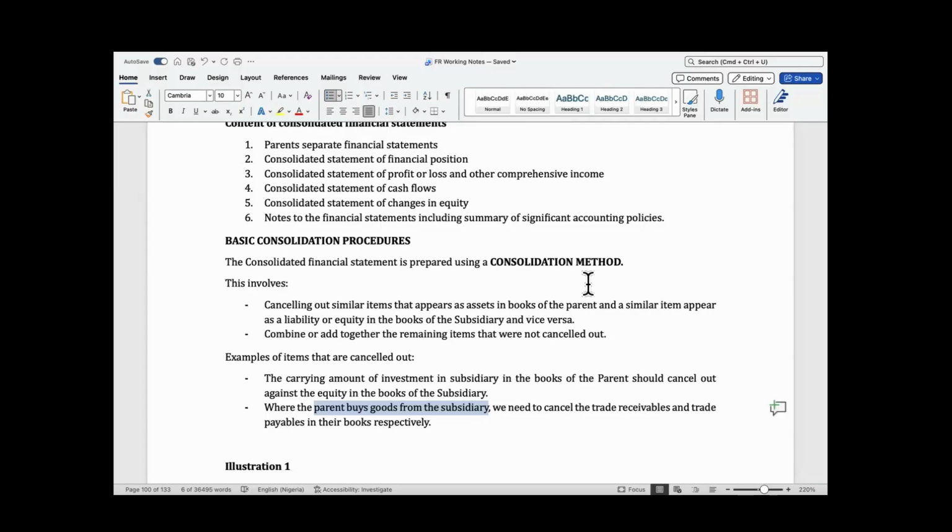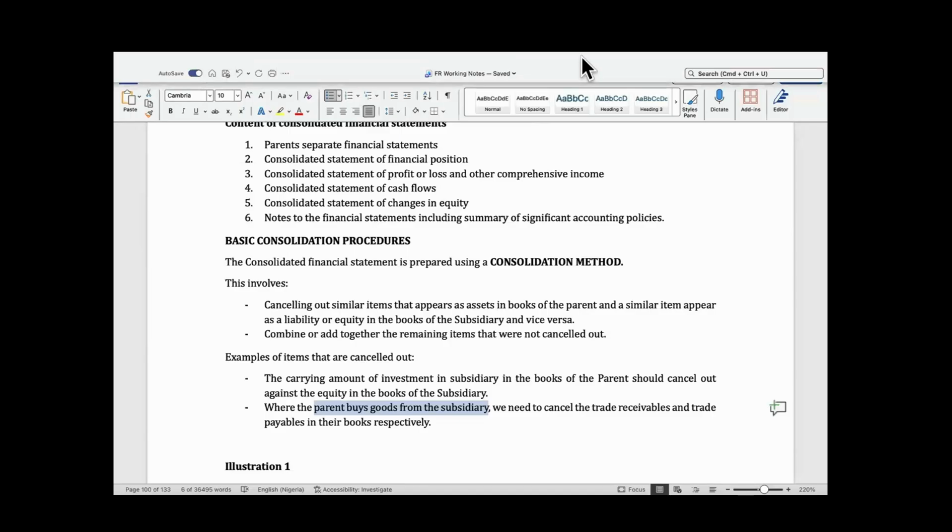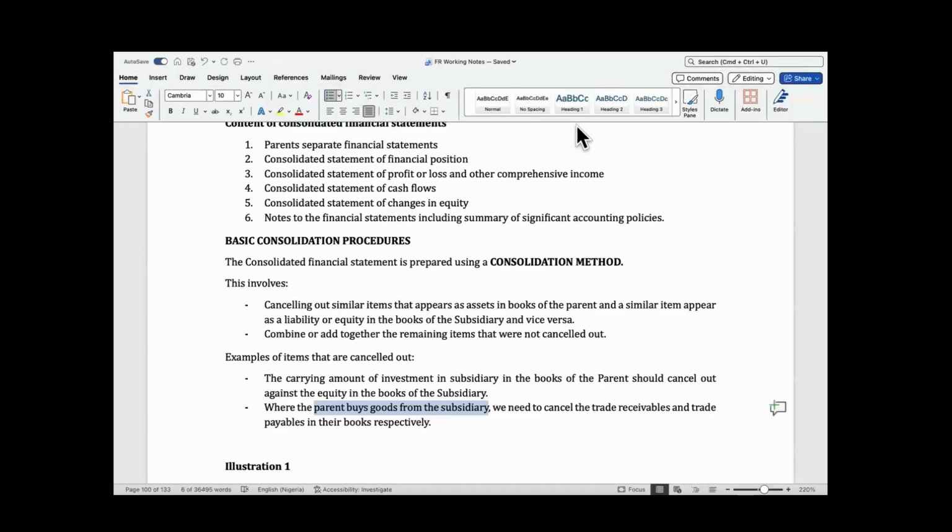Now, we started with accounting for investment in subsidiary. When you have a subsidiary, meaning you have control, IFRS 10 requires that you must prepare consolidated financial statements, which is a financial statement of the parent and its subsidiaries that is prepared like that of a single economic unit, meaning that all we want to see are the transactions the two of you have with outsiders.